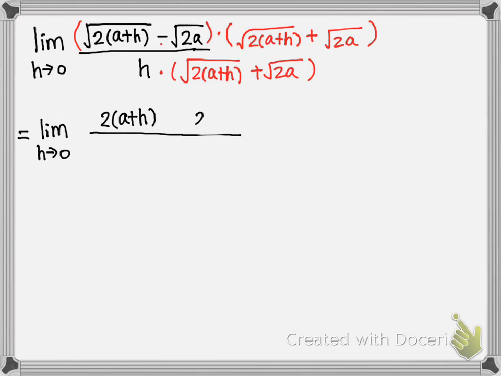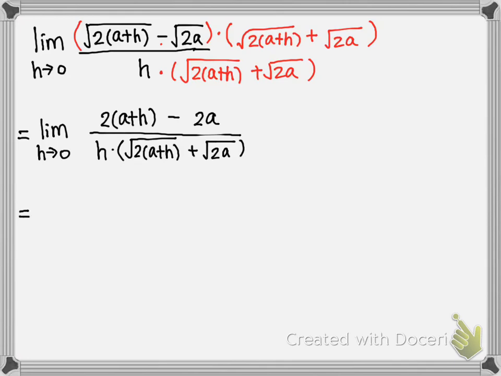Then the square of the second term, 2a, and you subtract them. And the bottom, you leave it alone because our goal is cancellation. If you FOIL the bottom, it's harder to see what you can cancel.